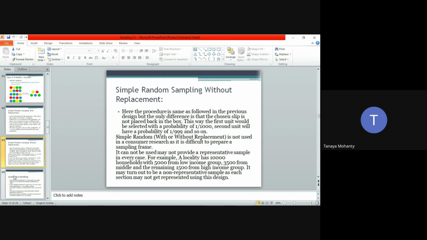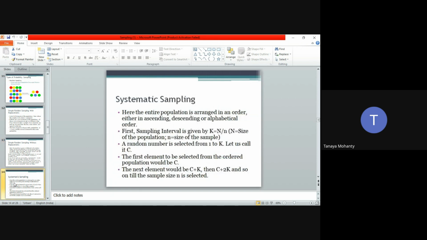Now, the other type of sampling that we use in probability sampling is called systematic sampling. Normally what you do here is the entire population is arranged in order, either ascending or descending or alphabetical order. Here also I would need a sampling frame.